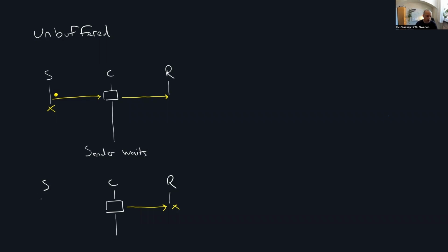Okay, so we need another goroutine to come along, and then for this to send something into the channel. Okay, so it's only whenever something appears in this channel that the receiver will get to continue. Okay, and in this case, we can understand that the receiver waits. Okay, that's an unbuffered channel.